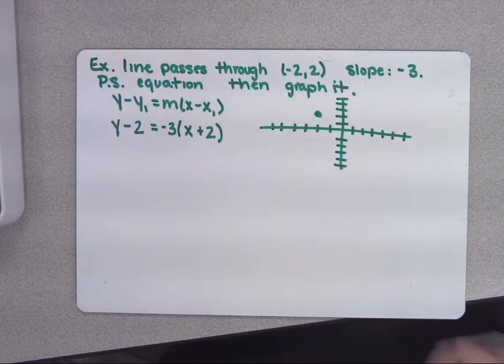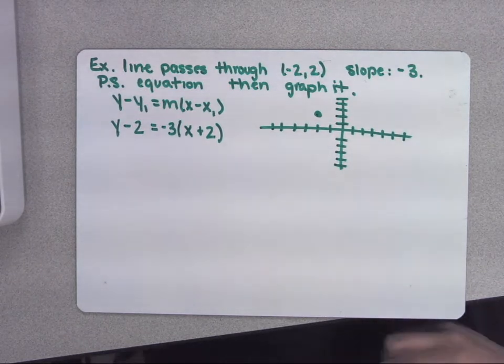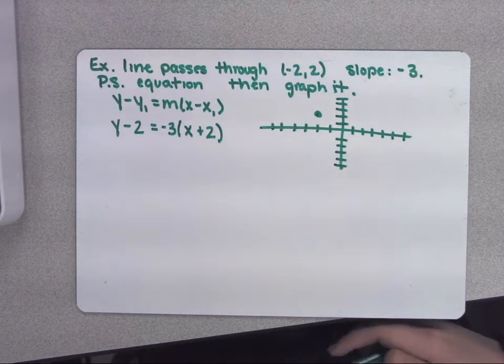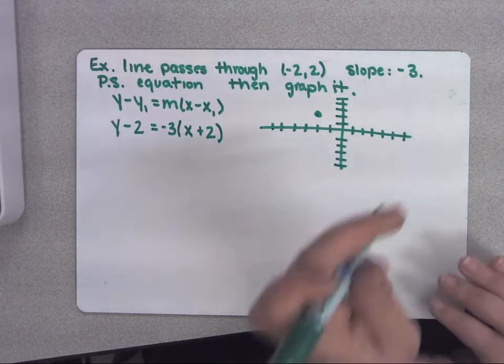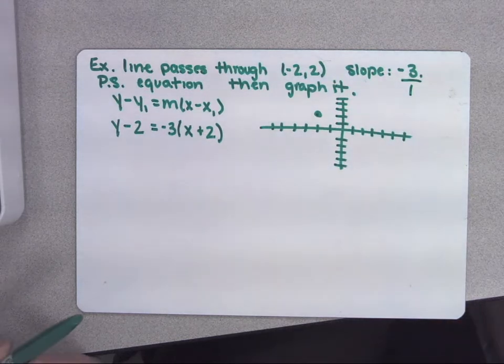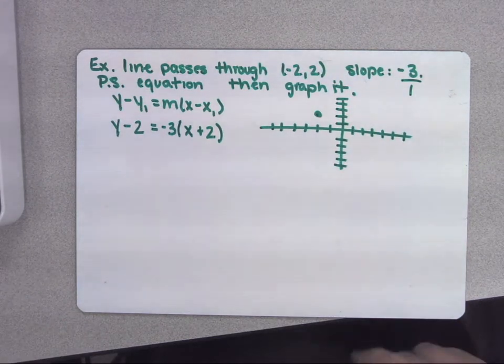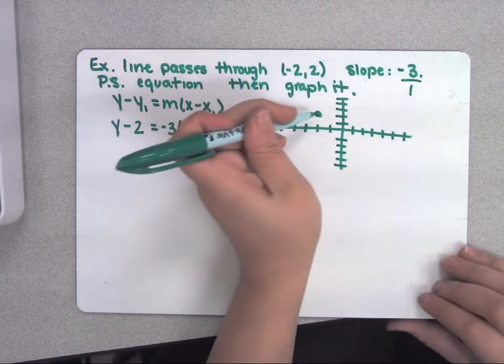Now, Crystal, what am I going to do? I have a point. Now what do I do? Yeah, first, I put a 1 under the 3. Helps me see the fraction for my rise and my run. Then what am I going to do with my rise and my run?